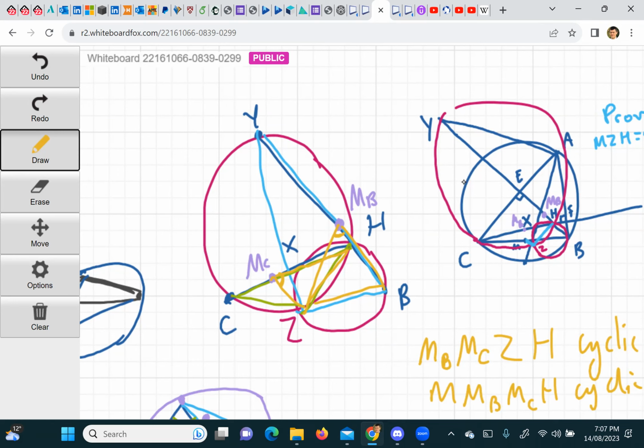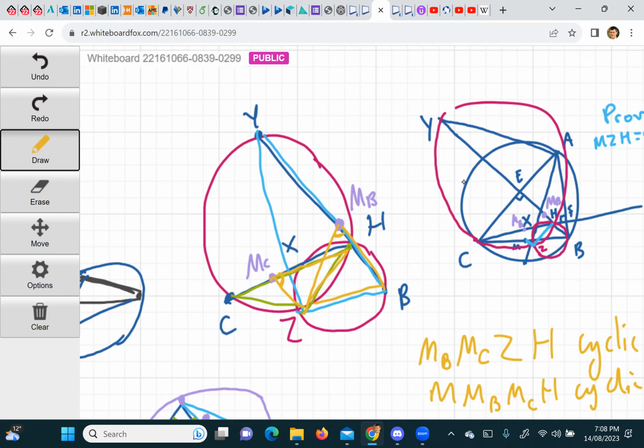Proving how MB is sent to MC is actually easy now, because there already exists a spiral similarity, you just need MB to sit on the side BY in the right place relative to where MC sits on the side CH. So if MB was the midpoint of BY, then obviously that will get sent to the midpoint of CH. So we just need to show whatever the ratio is, it's the same on the other side.